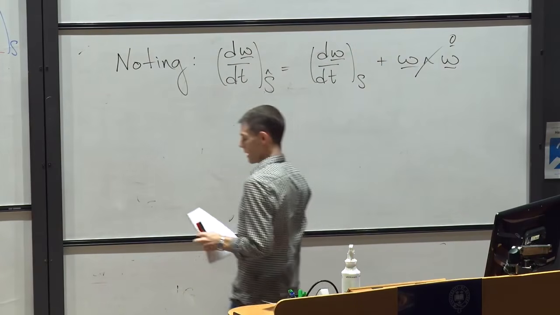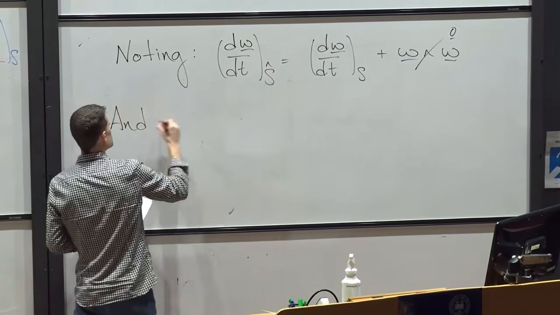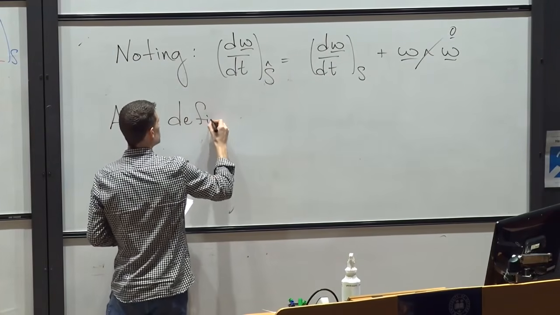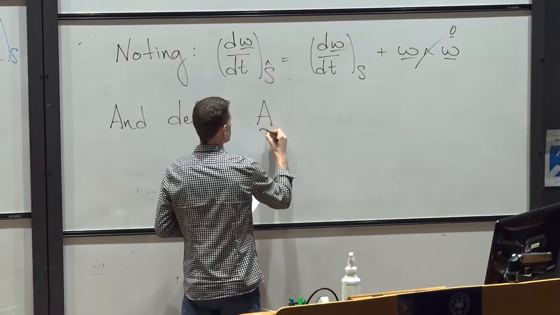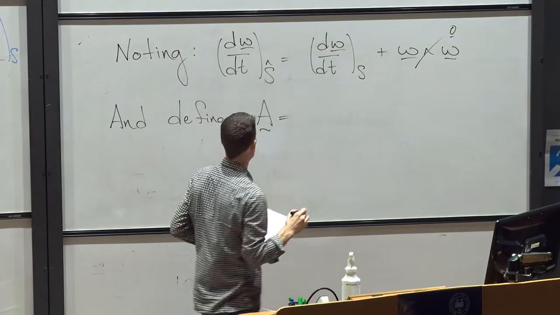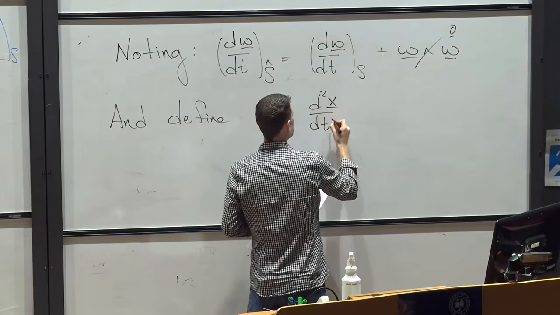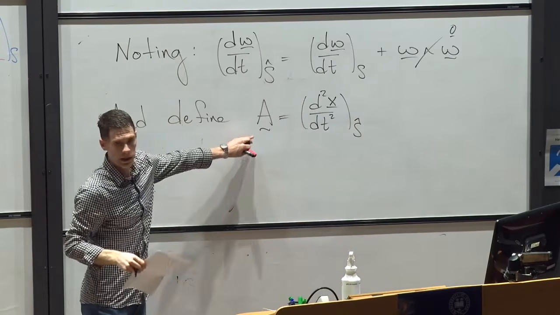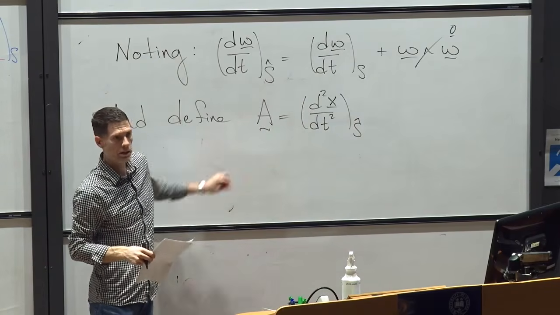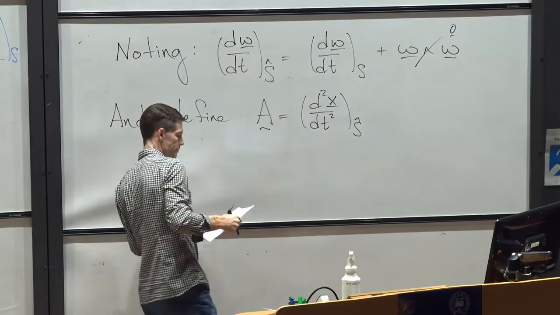So if I define, let's call it capital A, as d squared x dt squared measured from the S hat, that's like the acceleration of the moving frame, right?